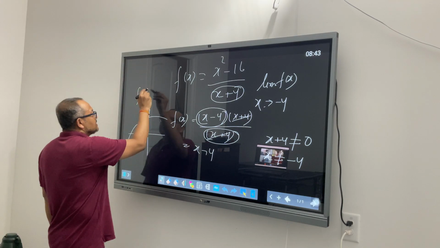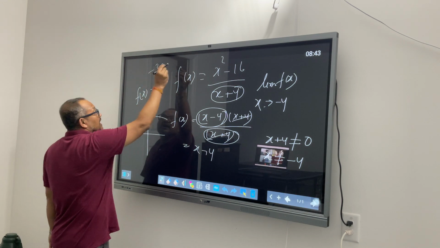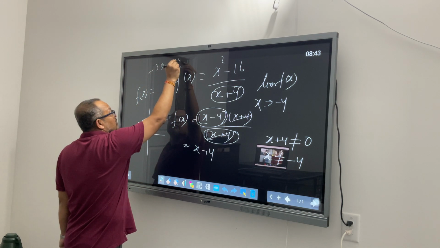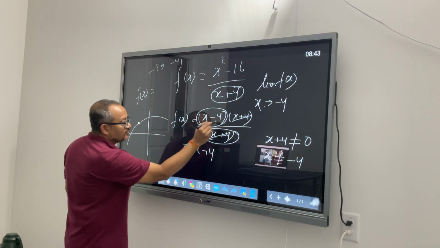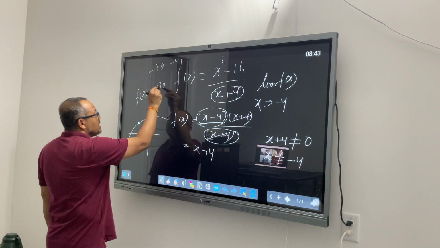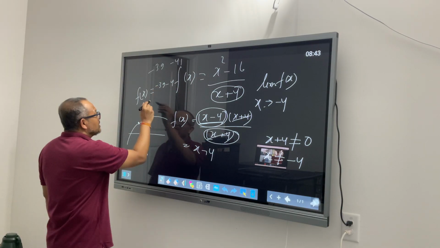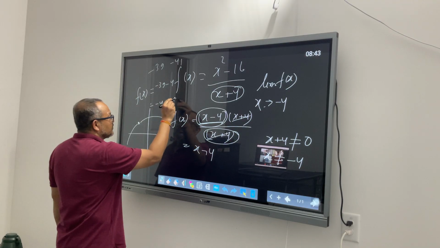When x is equal to minus 3.9, and when x is equal to minus 4.1, what happens here? I am only looking at x minus 4. So my x is minus 3.9 minus 4 versus minus 4.1 minus 4.